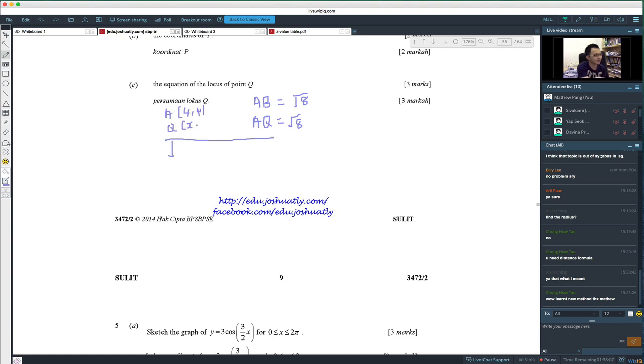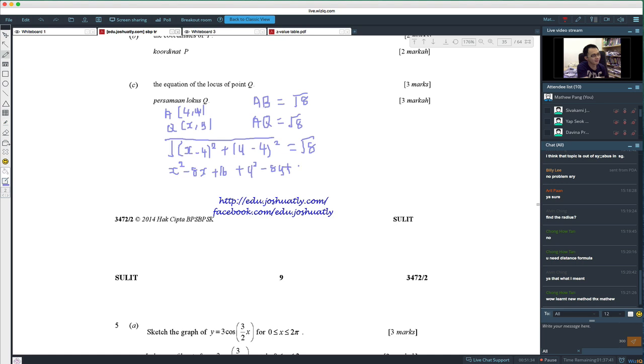So I will say (x minus 4) squared plus (y minus 4) squared equals square root 8. Then I cancel out the square root and expand here. So this is x squared minus 8x plus 16 plus y squared minus 8y plus 16 equals 8, because I cancel out the square root.